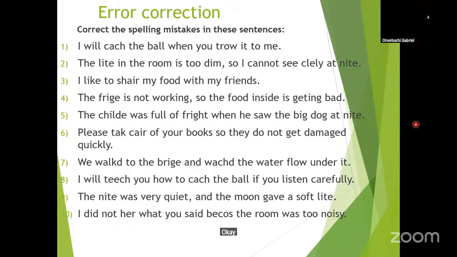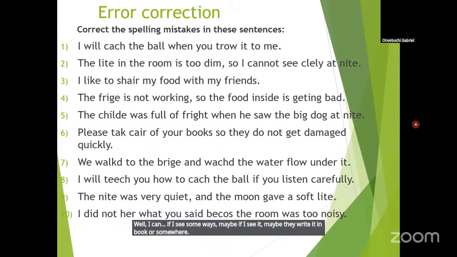My question is almost the same thing that she asked. My problem is that if I see some word written somewhere, I can manage to pronounce it, but not that fast.